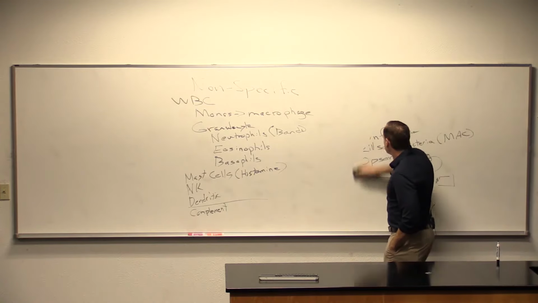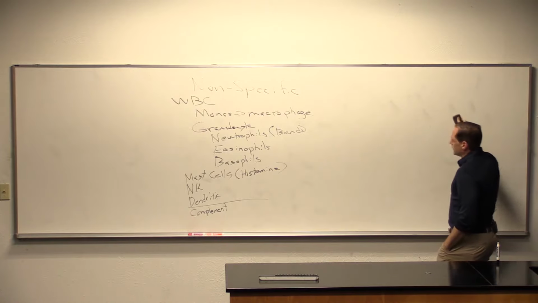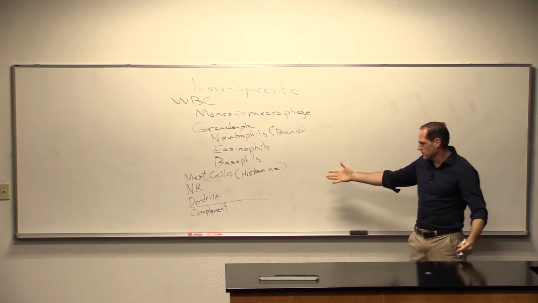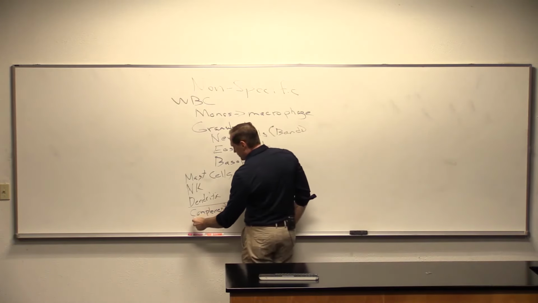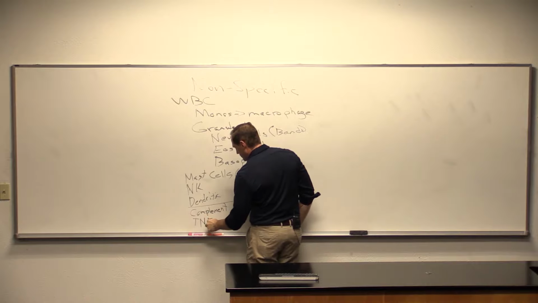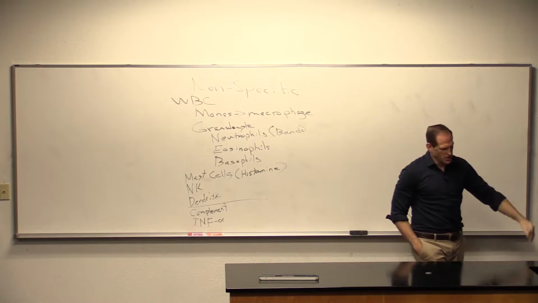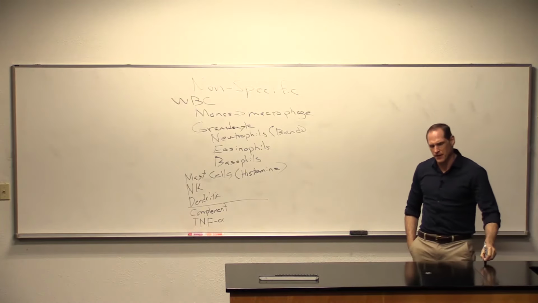So, at this time, we only have one more thing that we need to talk about for the chemical component, and that is a chemical called tumor necrosis factor alpha. Now, originally it was called tumor necrosis factor alpha.